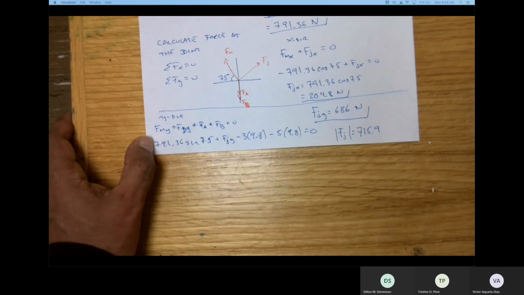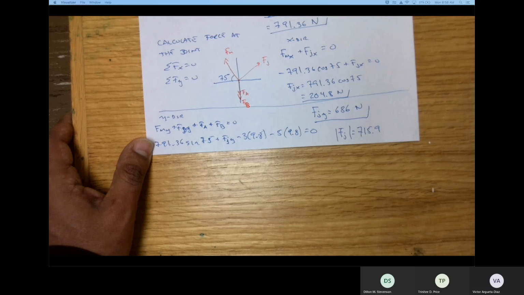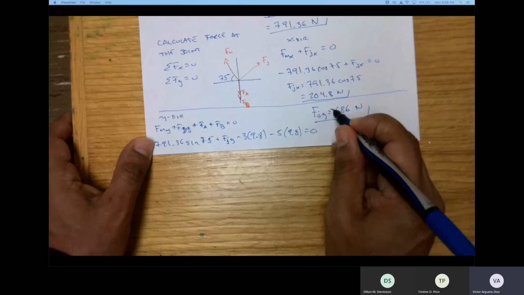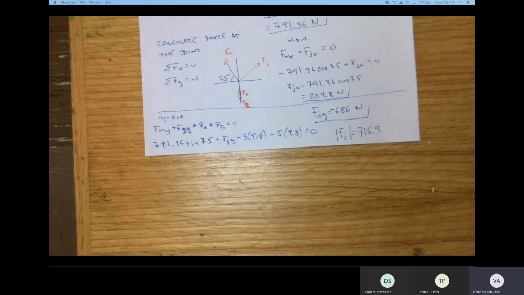Negative? Oh yeah, negative. 685.9, something like that, negative.